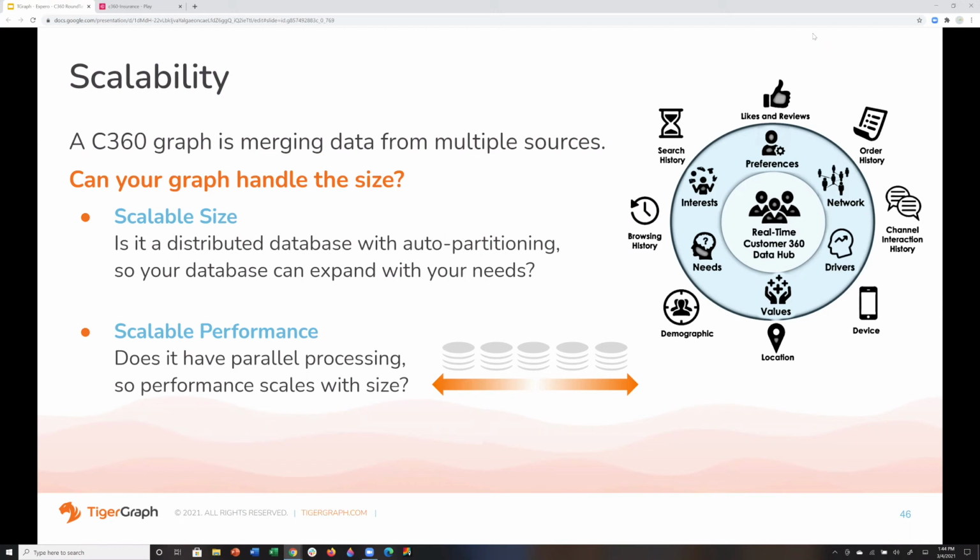You want to have, of course, more CPUs, and you want them to know how to work in parallel. That's actually not a given. So again, you want to look for a graph database that is distributed and that has built-in parallel processing, hopefully massively parallel processing, so that the performance scales with the size.